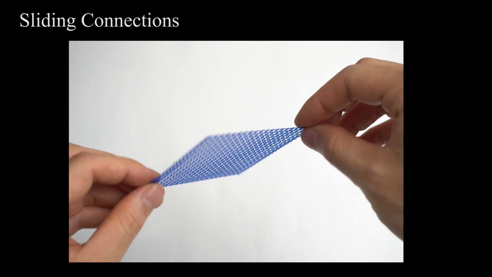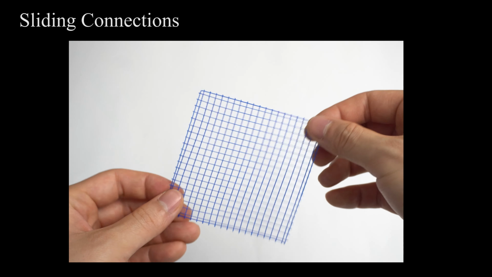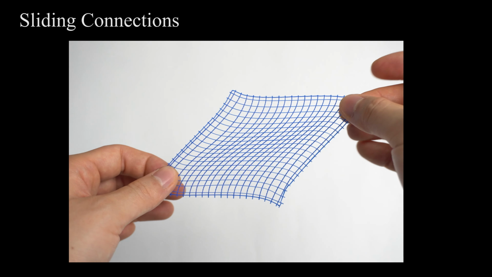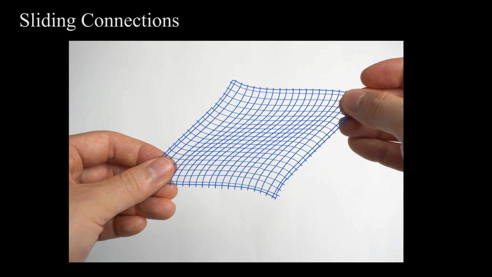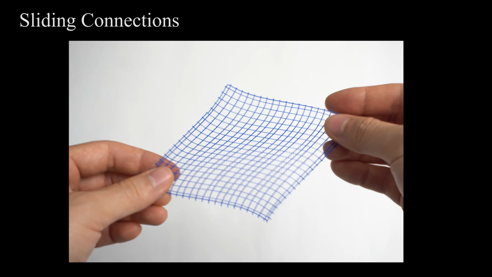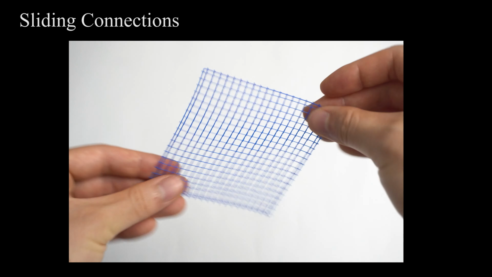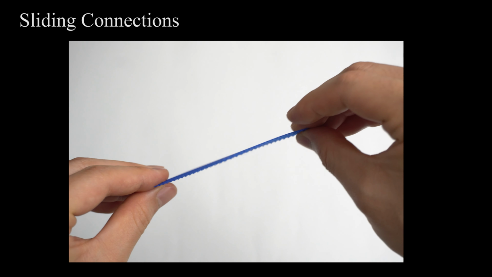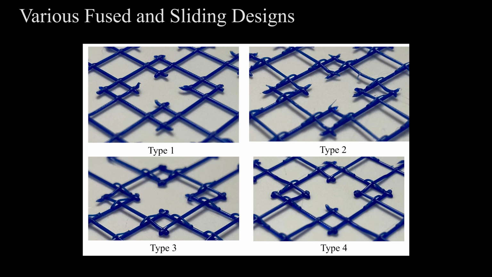When comparing to a structure with all sliding connections, we observe a much softer response to diagonal loads, with strands rotating and sliding to produce large in-plane deformations. As is evident from the sequence, replacing fused with sliding connections has a dramatic impact on the mechanical behavior of the material. Our method generalizes beyond regular lattice structures and can be applied to curved strands and interlacing loops.